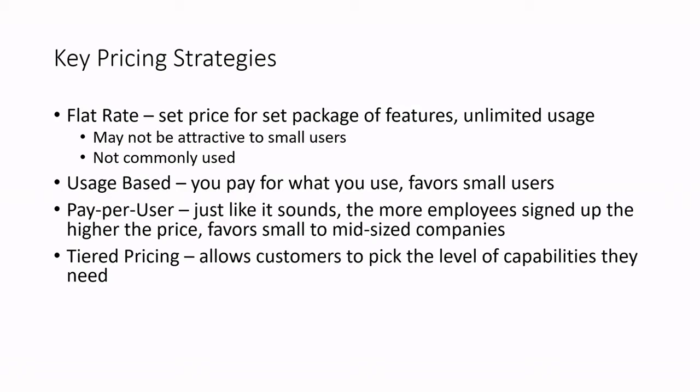As customers' needs increase and they need more capabilities, then they can move into higher tiers of pricing as they get to that point. Again, it's very transparent. Customers can readily see the value that they're getting for what they're paying.